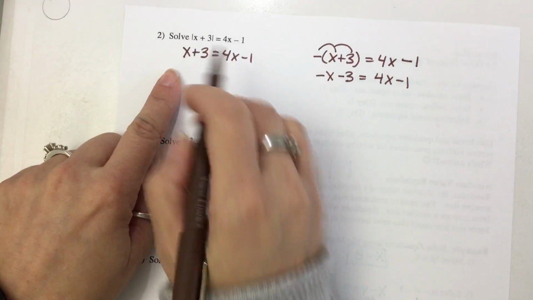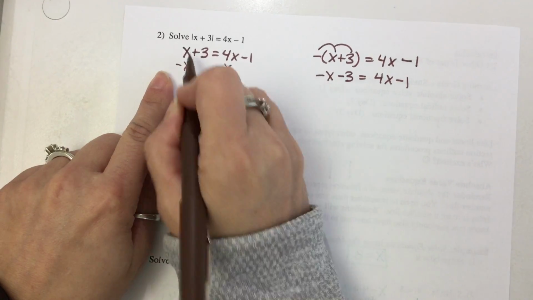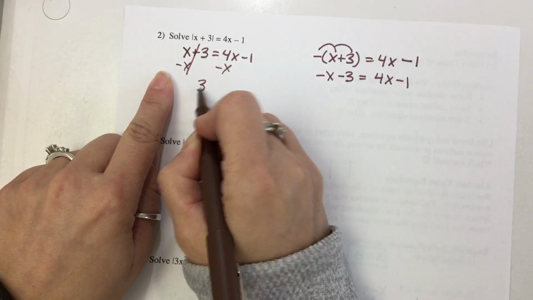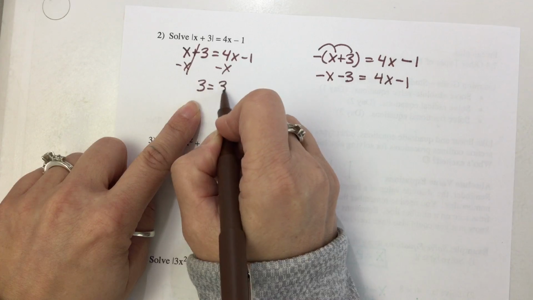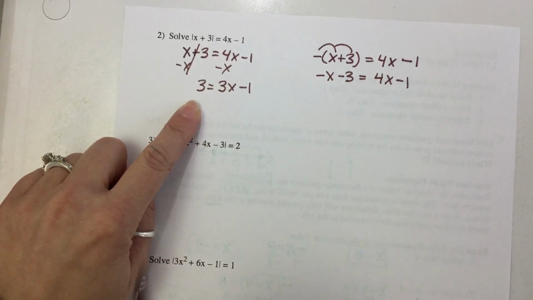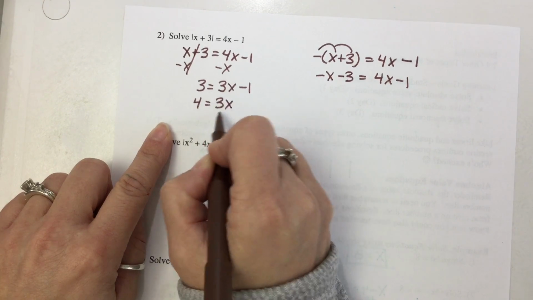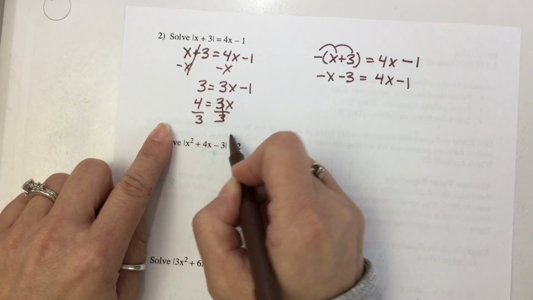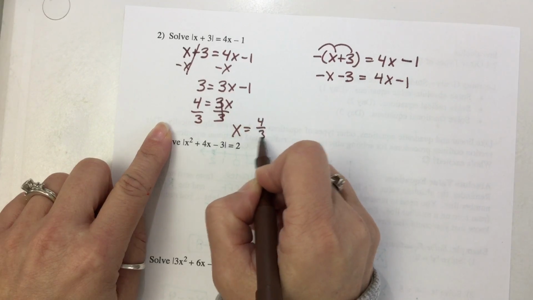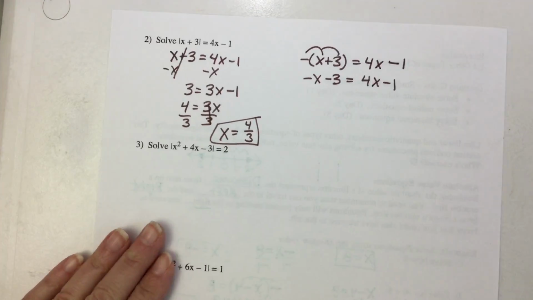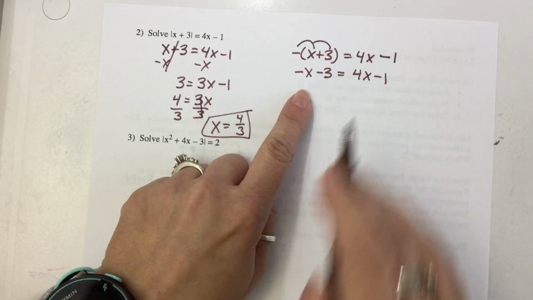Now what I have to do is solve. I cannot have x's on each side, so I'm going to go ahead and minus x. So 3 equals 4x minus x is 3x minus 1. If I add 1 over, it's 4 equals 3x. Divide both sides by 3, so x equals 4/3. Here, I cannot have x's on both sides.